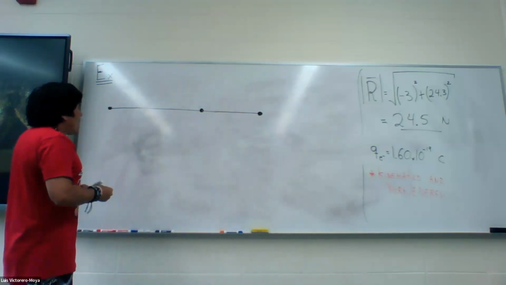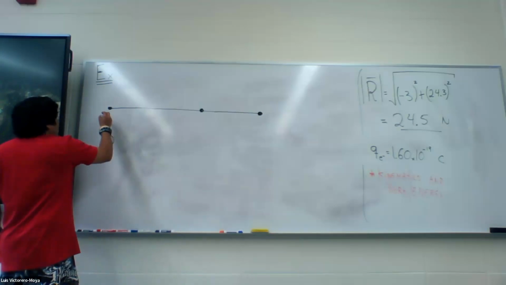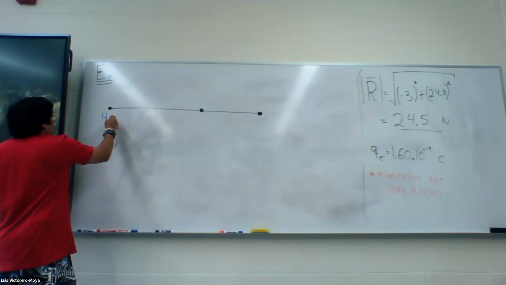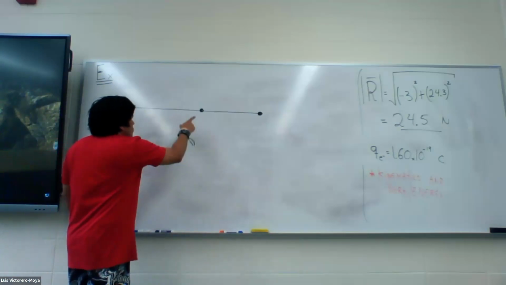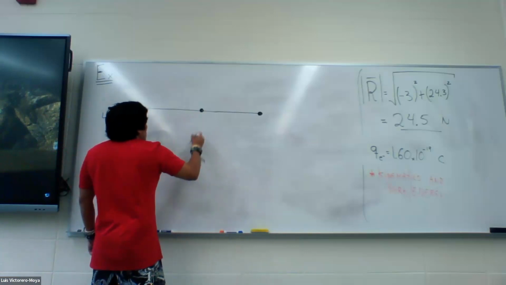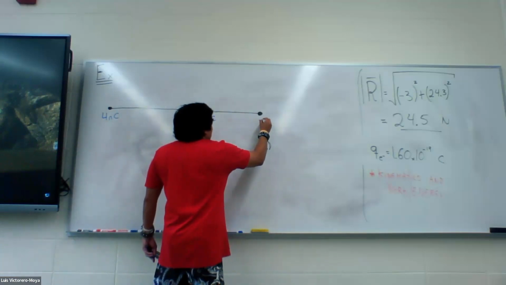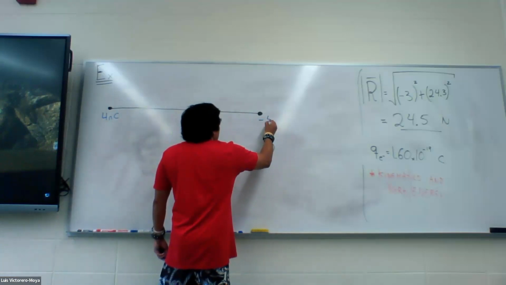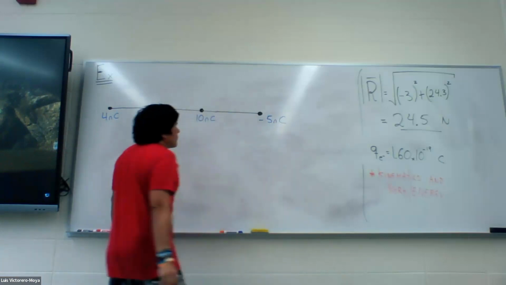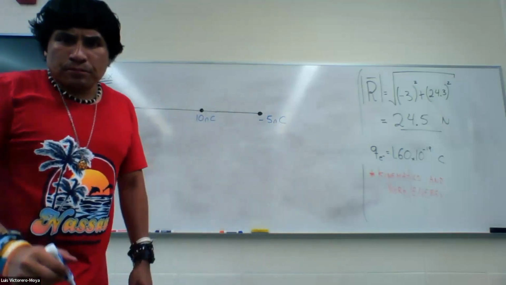The value of the charges are going to be given like this. 4 nanocoulombs, 10 nanocoulombs, and negative 5 nanocoulombs. See that, right?